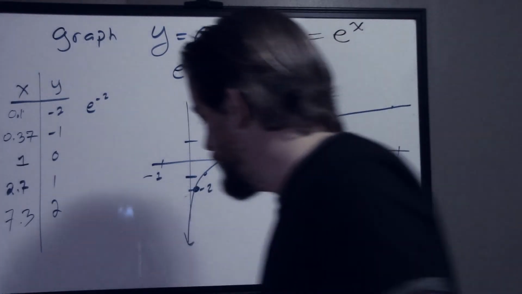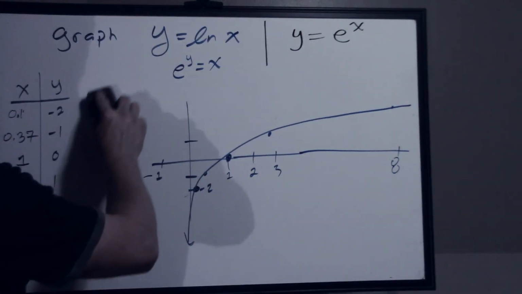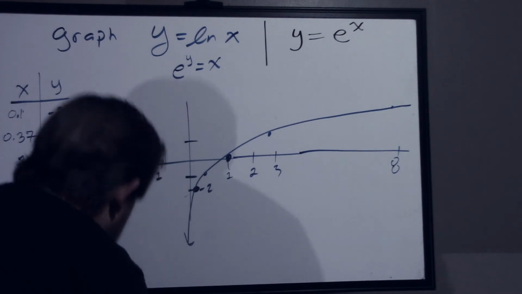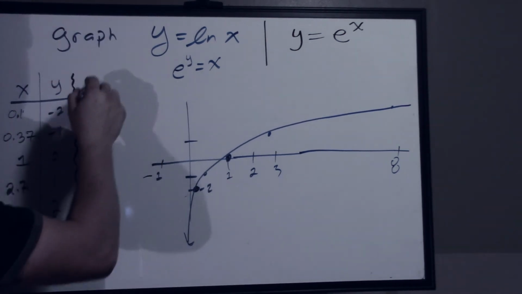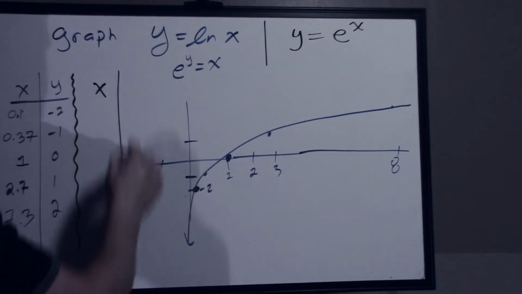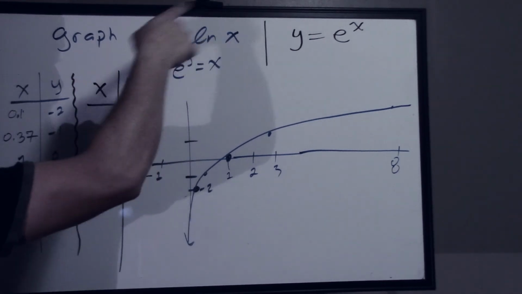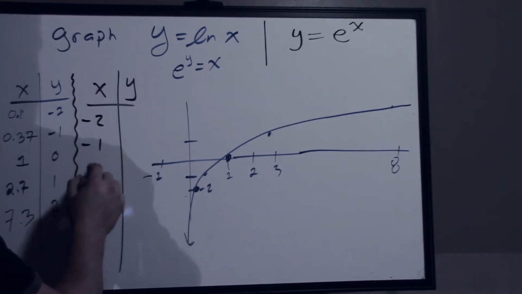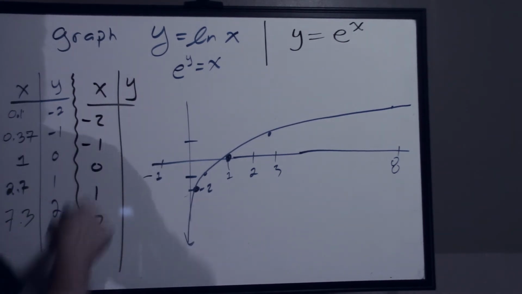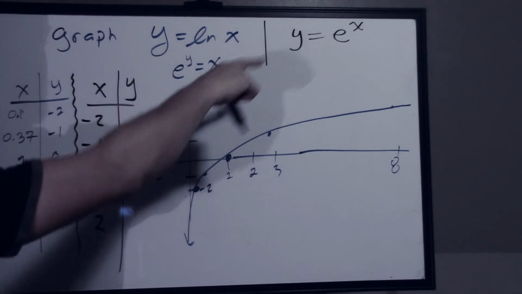Now if I go and do the same thing for y equals e to the x, let me throw these values right here in black. This time I'm going to plug in values into the x and figure out my y values. I'll do the same values, -2, -1, 0, 1, and 2. If x is -2, that gives me e to the -2.